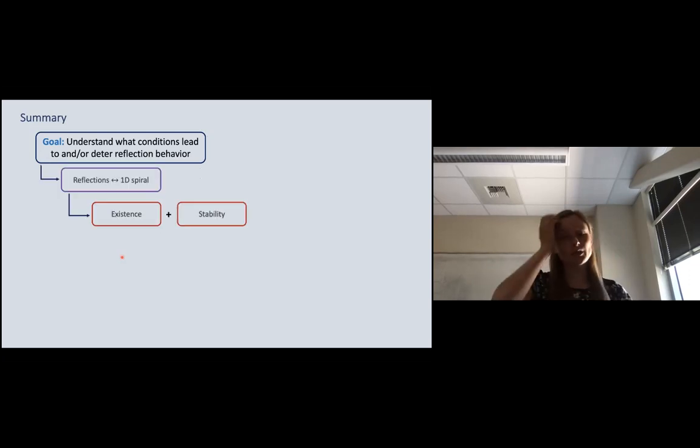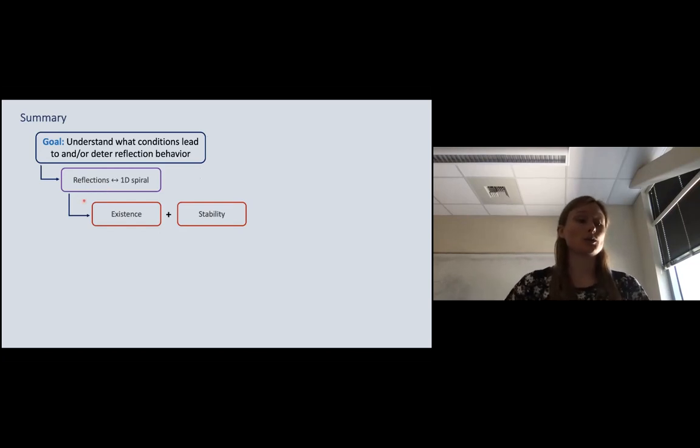All right, so in summary, our big goal was to understand what conditions lead to and or deter this reflection behavior. And so to understand that, we went with this assumption that the reflections are directly tied to the existence of this 1D spiral and this unstable periodic orbit.